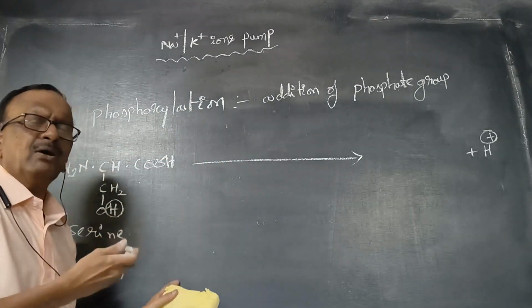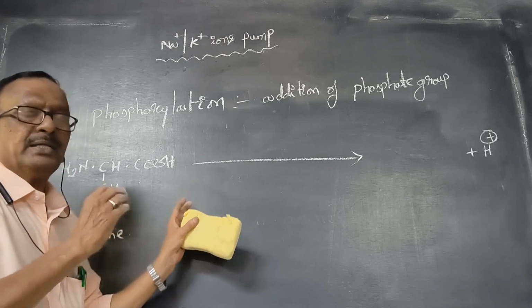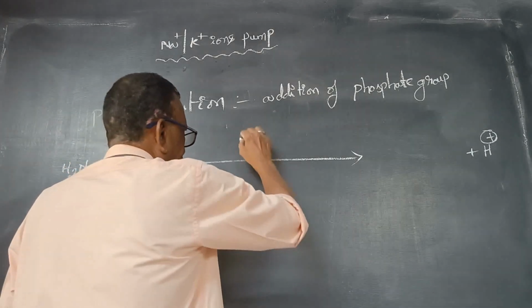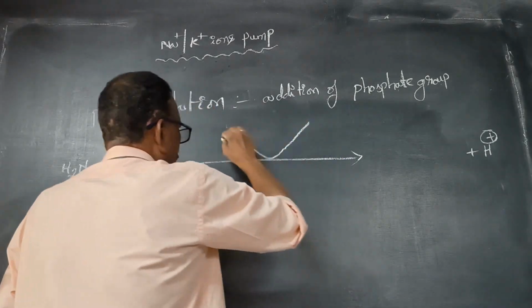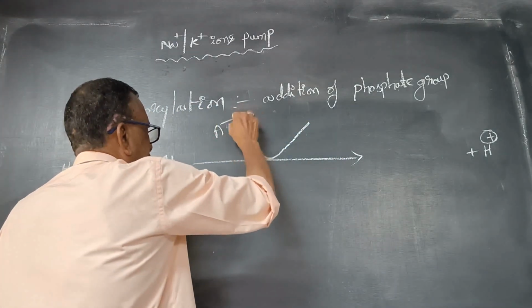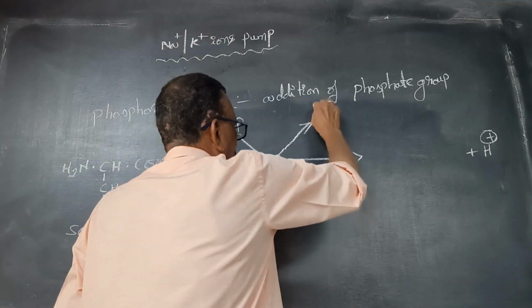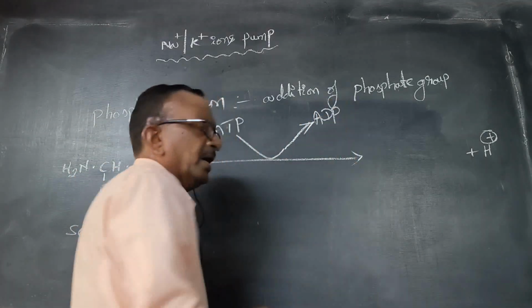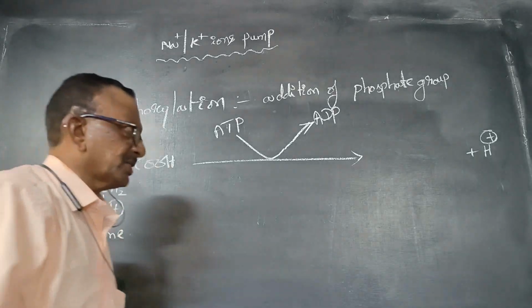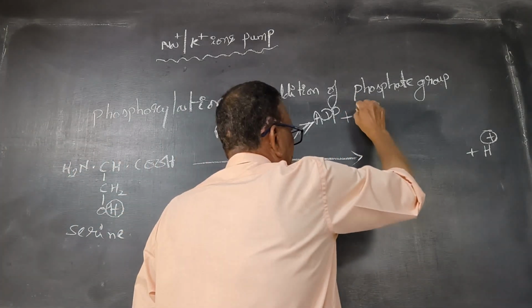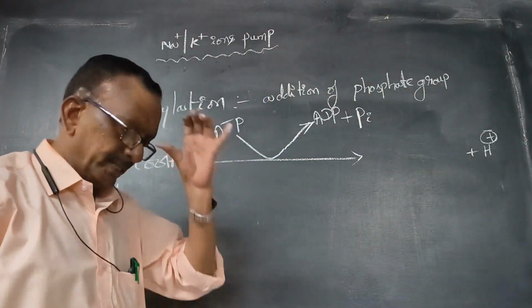Generally, in living organisms, the energy that is utilized is adenosine triphosphate. So it is ATP. Here we have ATP that will split up and form ADP, adenosine diphosphate, plus Pi. This is very important.